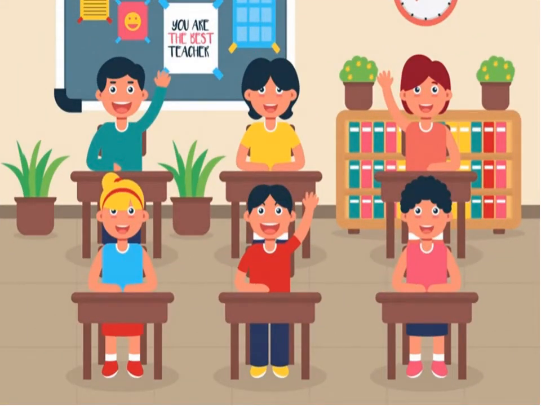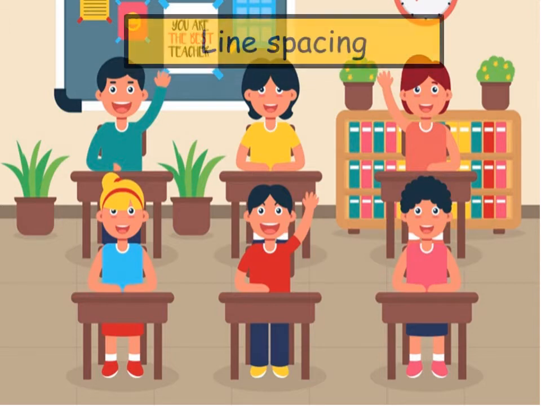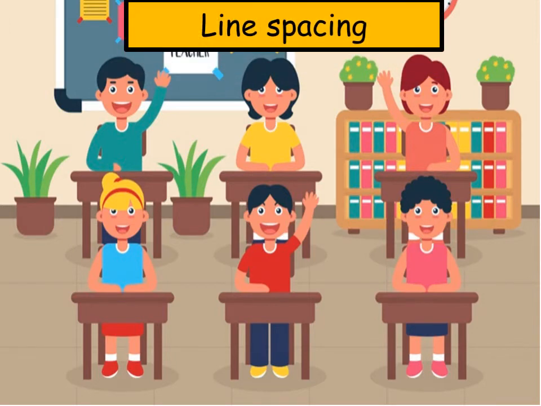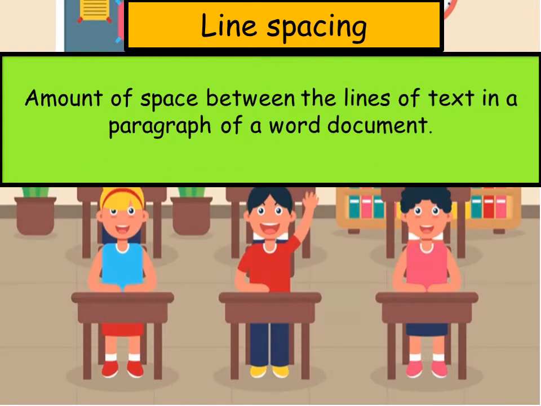Alright children, then I am going to teach you all about line spacing. How many of you have heard about line spacing in Microsoft Word? Okay, let's see. Line spacing is the amount of space between the lines of text in a paragraph of a Word document.